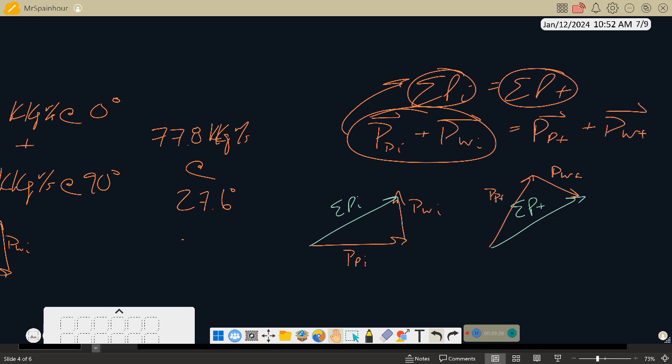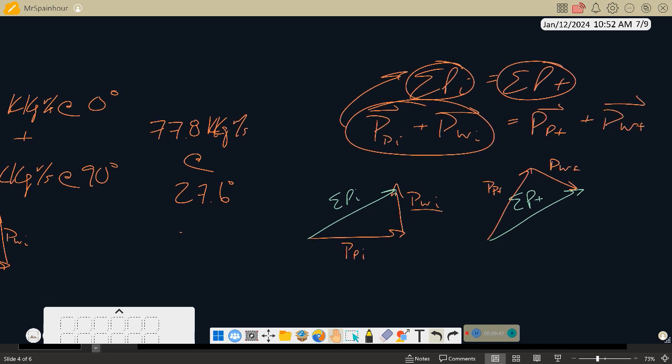How are we doing here? If you can get this, this is your momentum diagram for these. These two momentums must add together to get this momentum, which is equal to this momentum, which must be a combination of those two momentums.